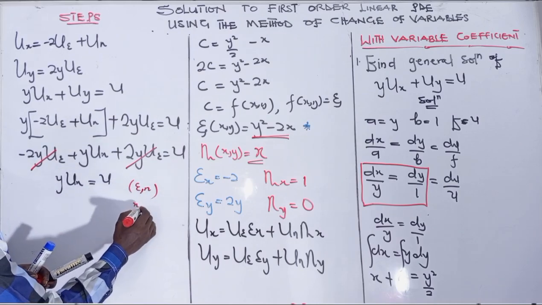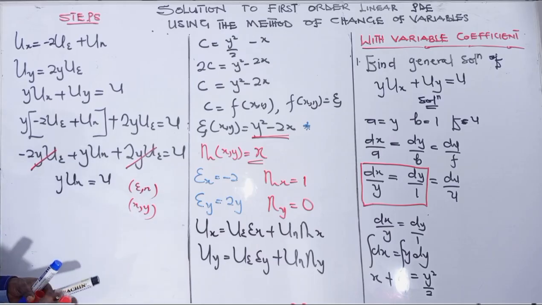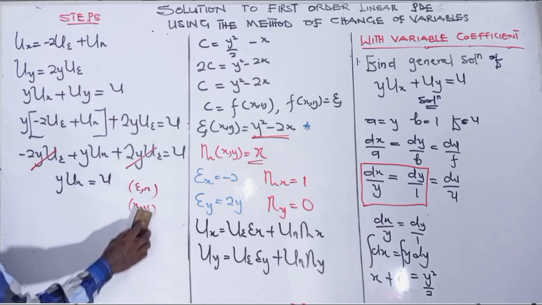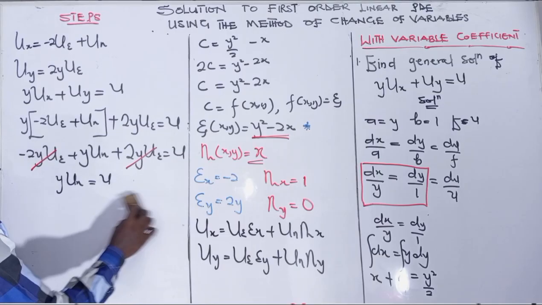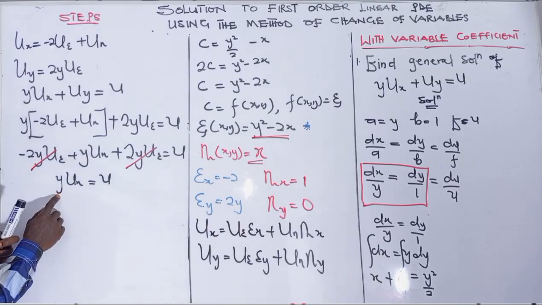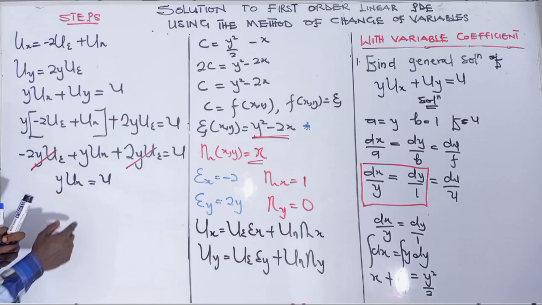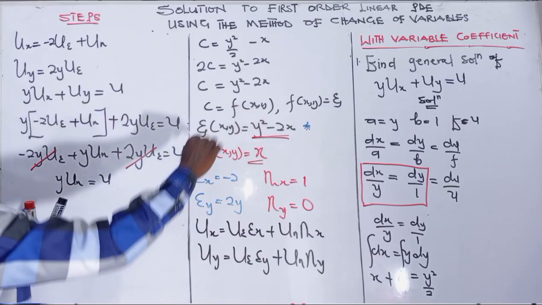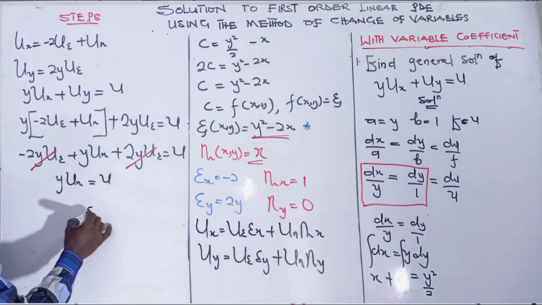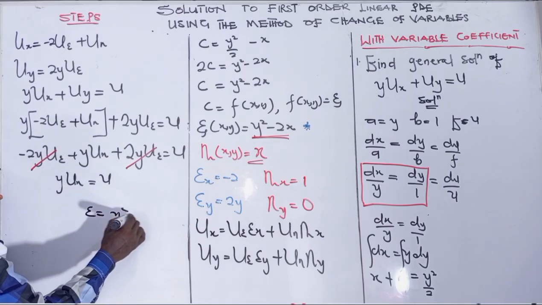You don't want to see any independent variables such as x and y in the general solution. So it means that wherever we see y or x, we change it to either xi or eta. We have y here, so we have to change it to either xi or eta. So where do we get our y? Our y is here. So we know that xi is equal to y squared minus 2x.